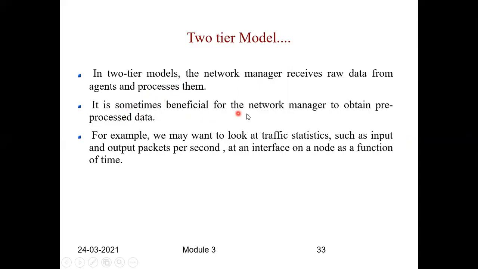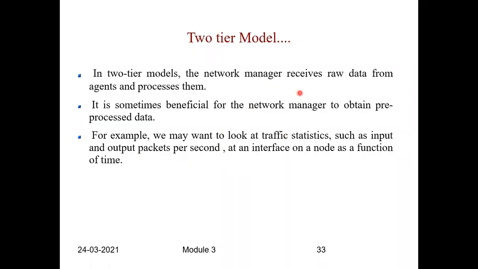So it is sometimes beneficial for the network manager to obtain the pre-processed data. For example, we may want to look at the traffic statistics, such as input and output packets per second at an interface on a node as a function of time. So suppose I want this data. If I get full raw data, it becomes difficult for the manager to draw an inference.